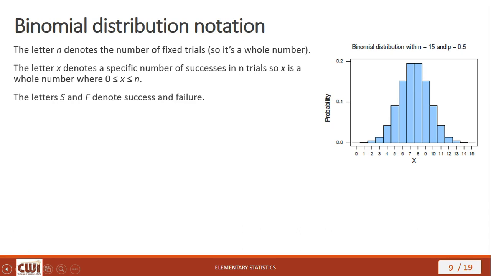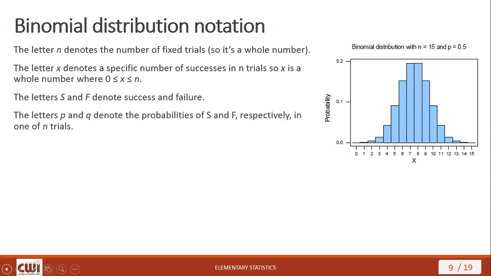We're going to use the letters S and F to denote success and failure. And again, we can define success any way we like. Then we're going to use, and this is the part that kind of throws me, because the capital letters S and F are used to denote success and failure, but then the lowercase letters p and q are used to denote the probabilities of success and failure, respectively, in any one of n trials.